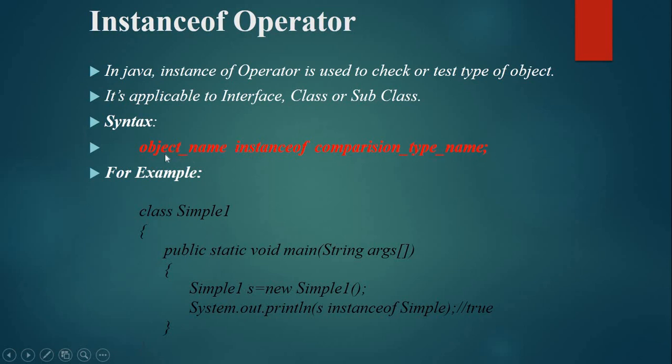If we have created an object of class A, then object name instanceof A will return true, meaning that it is an object of class A. If it is not an object of class A, then it will return false. The same thing we can use for interface, class and subclass also. Our keyword is instanceof.